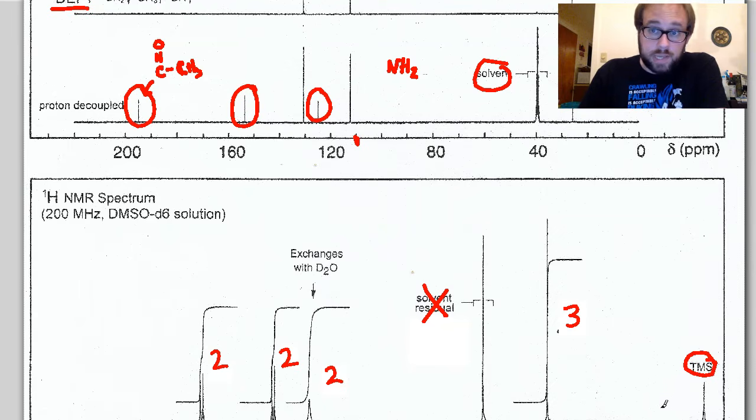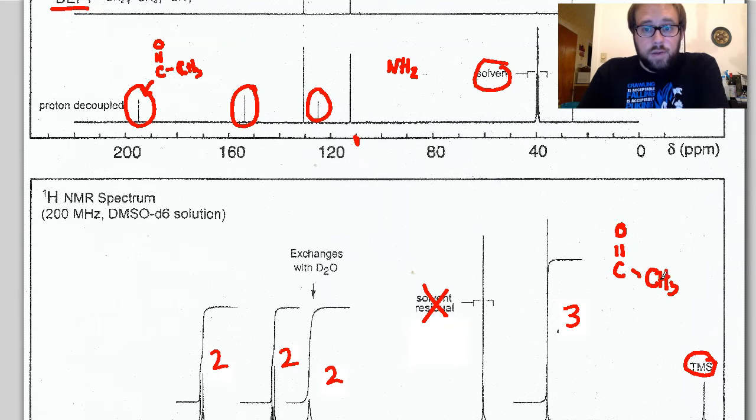That's the internal standard over there. So that's not anything that we're going to concern ourselves with. Now, this integrates to 3 and is a singlet. So that would confirm that I have a CH3, and that CH3 is attached to something that is not going to split or have any proton neighbors.